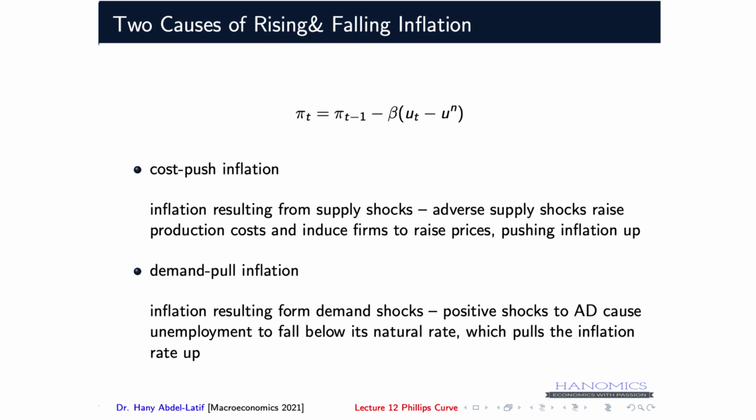Assume we moved from an initial equilibrium where the economy was at the full employment output level, and then there is a shift in the aggregate demand curve to the right, a positive shock to aggregate demand. We explained different examples last week of what a positive shock to aggregate demand means. So the unemployment rate will fall below its natural rate, and that pulls the inflation rate up.